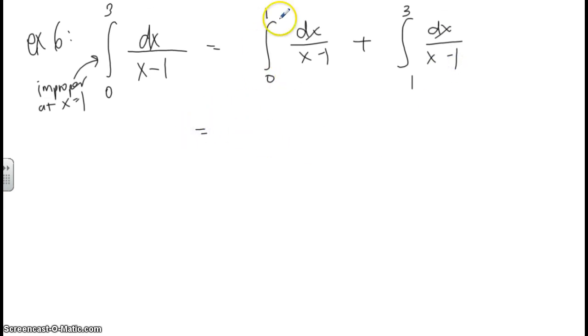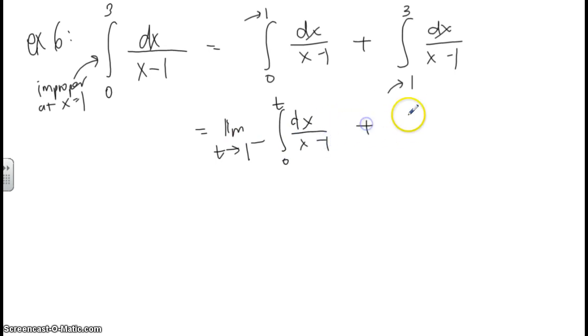And then, of course, because that 1 is what makes it improper, I'm going to switch out that 1 and let t approach 1. From 0 to 1 is from the left end, the limit of the integral from 0 to t of dx over x minus 1, plus the limit as t approaches 1 from the positive end of the integral from t to 3 of dx over x minus 1.